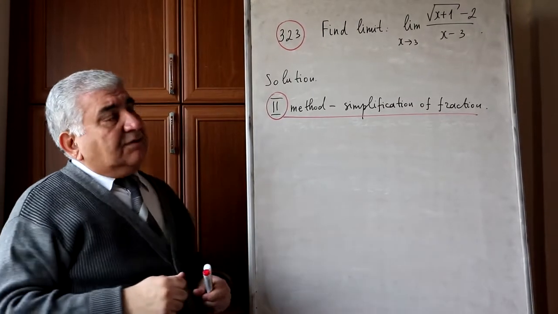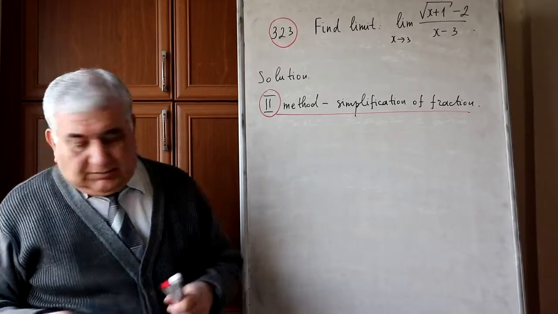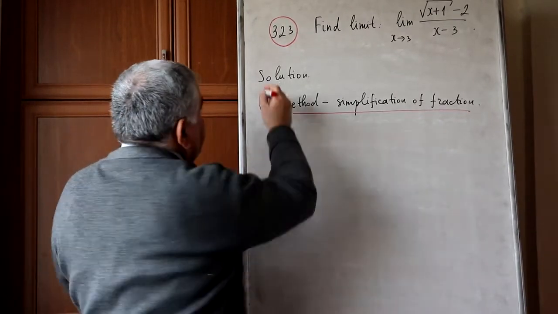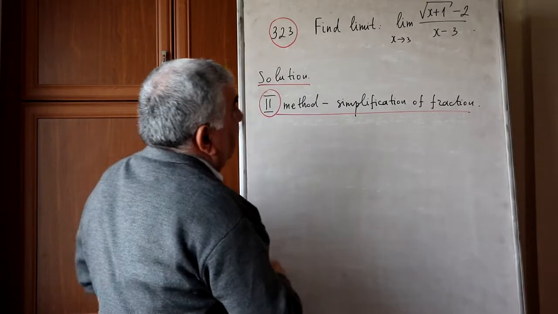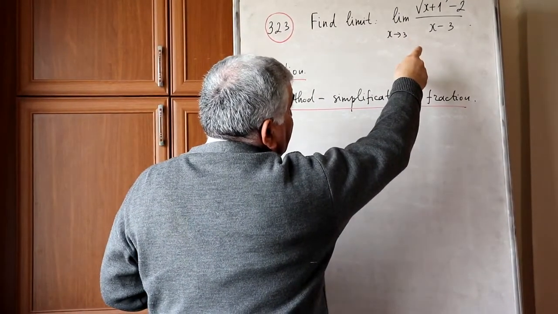The first method was the method of conjugation. Solution. Transform the denominator in the following form.